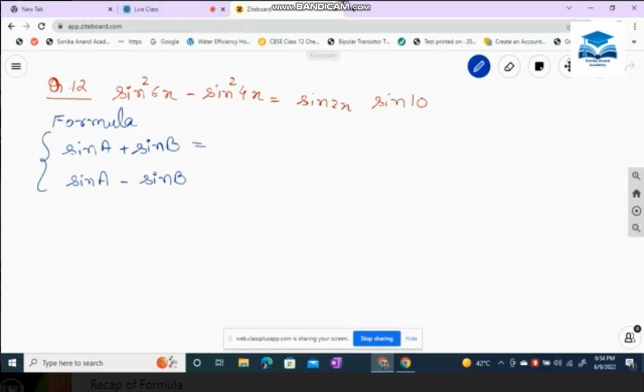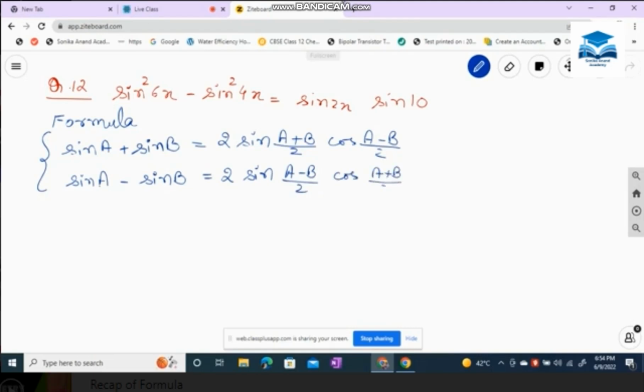When it is sine A plus sine B, we write 2 sine A plus B by 2, and with the cos, A minus B by 2. So in case of sine theta, we have both sine and cos. Clear? Now for sine A minus sine B, we have 2 sine. Now here we have subtraction, so along with sine we write A minus B by 2, and along with cos we write A plus B by 2.